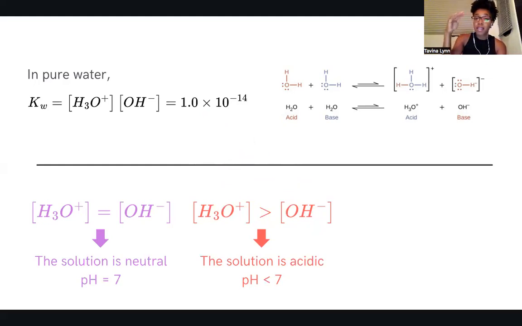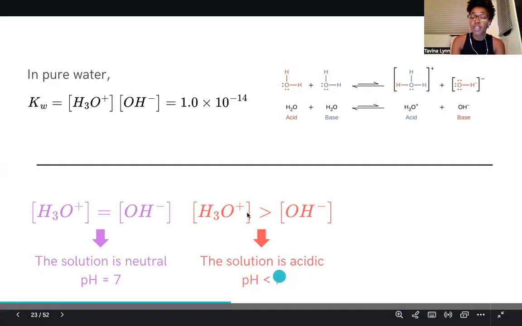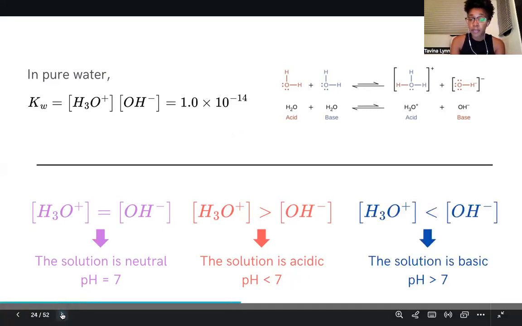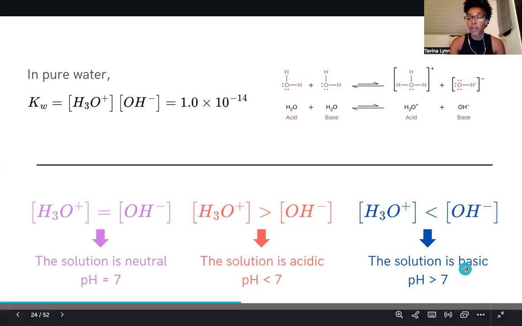So if it's acidic at 25 degrees Celsius, which is room temperature, then we have a pH that is less than 7. At room temperature, if our hydroxide concentration is greater than our hydronium ion concentration, meaning that we have a hydroxide concentration that's greater than 1 times 10 to the minus 7, the solution is basic. And if we take the negative log of that, our pH will always be greater than 7.